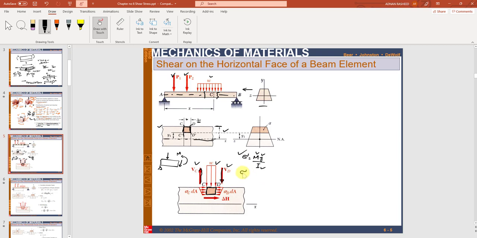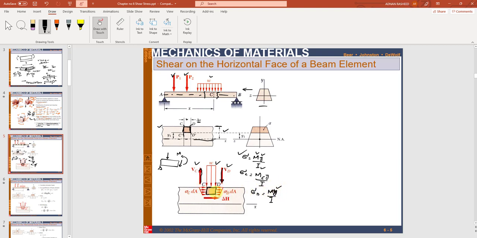So at point C, this bending stress will be equal to Mc y over I, and at point D the stress will be Md y over I. So instead of showing the moment, we have represented the stresses on face C dash and D dash. Clear? Now you can see that this stress is a linear function of y.